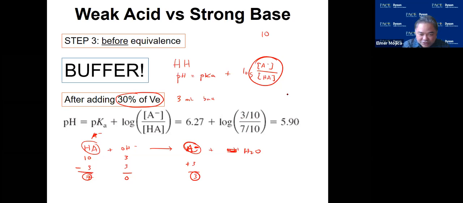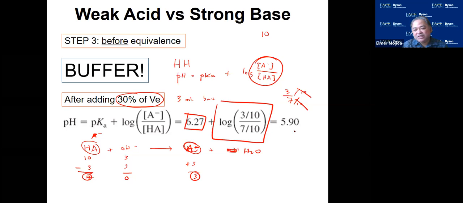Or you can just put there 3 here and 7 here, because if you're going to look at this 10 over 10, they will just cancel out. So this is the important thing that you need to know here. And once you get that, you add it with the pKa and you end up with 5.9.